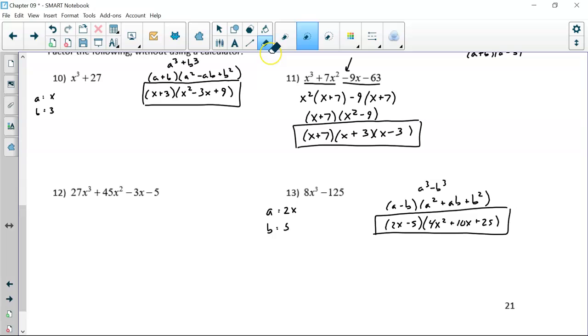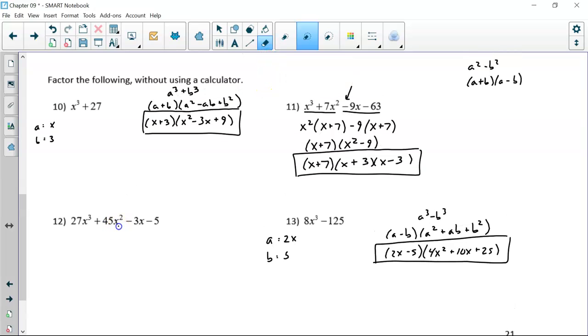Now, for number 12, same thing, 4 terms, factor by grouping. Common factor of the first 2 terms is 9x squared, and that leaves us 3x plus 5. Third term's negative, take out a negative 1, and then 3x plus 5.